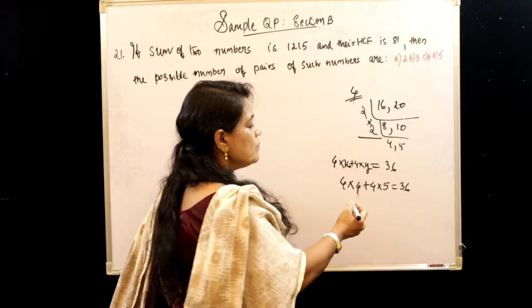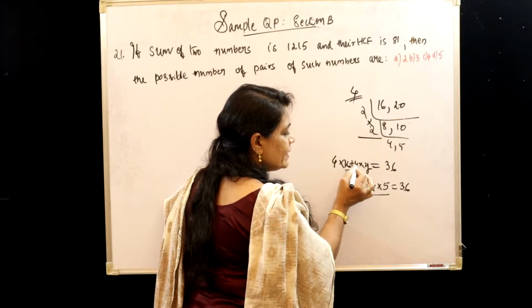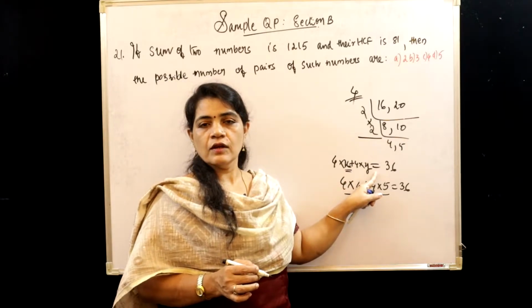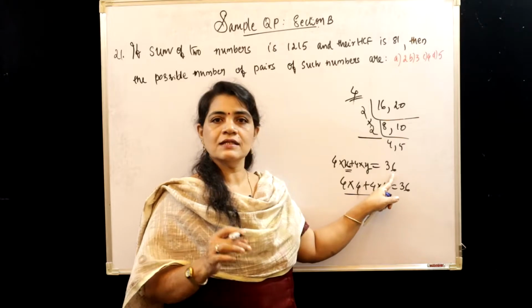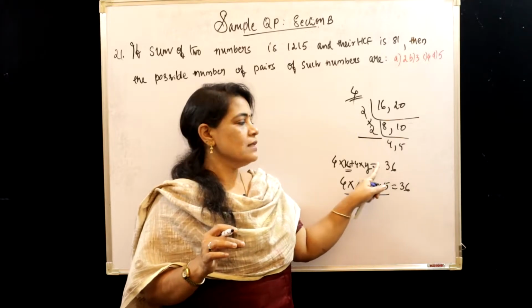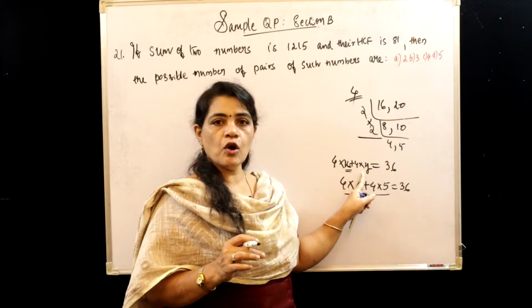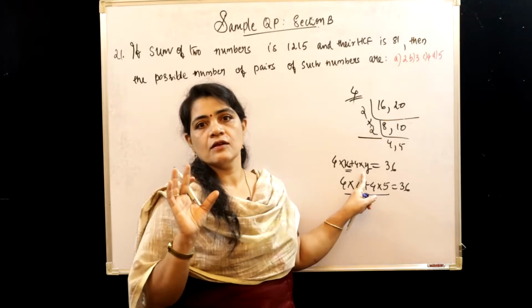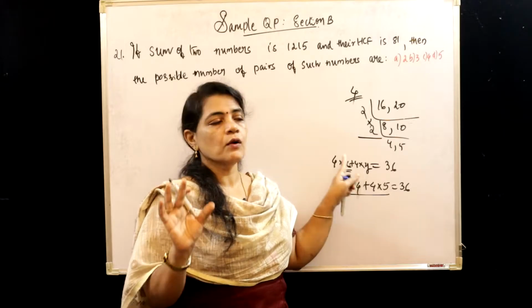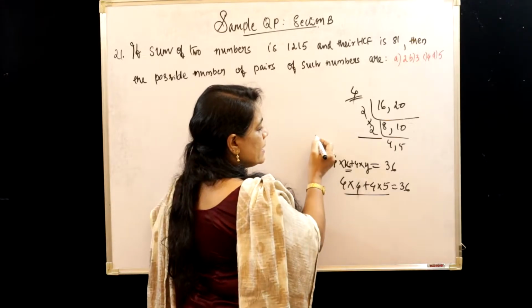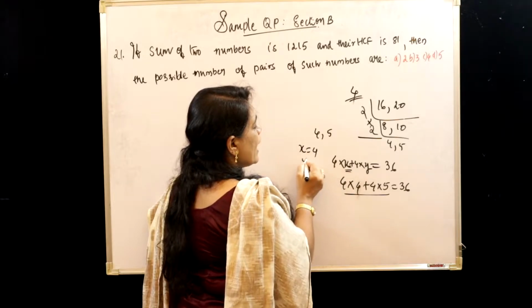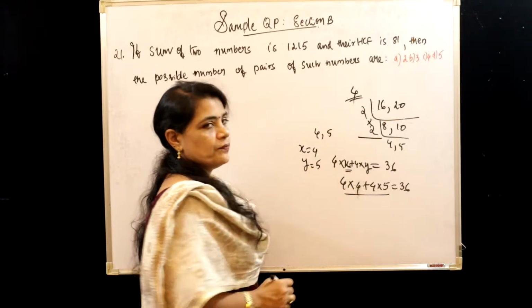So we get 4x plus 4y. That means you can express 36 as the sum of the products of two numbers where one of the factors is the HCF. Idea is clear, children? Here x is equal to 4 and y is equal to 5.